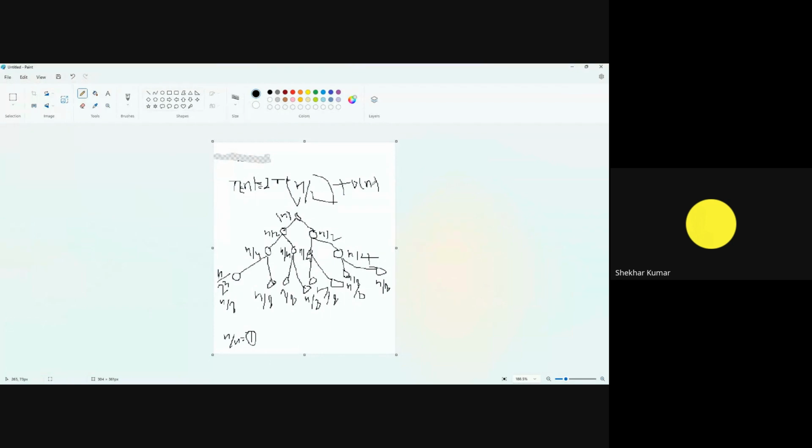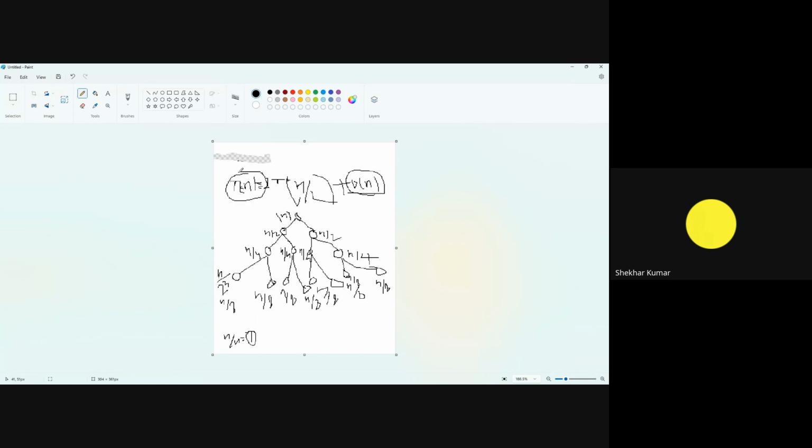Okay, and every time you can see that it takes order of n time in the merge procedure. Every time it takes n time in conquering the elements and merging the elements.